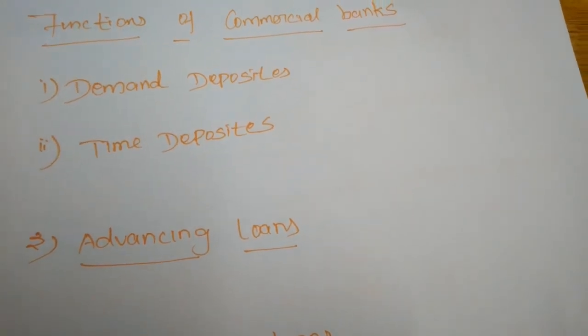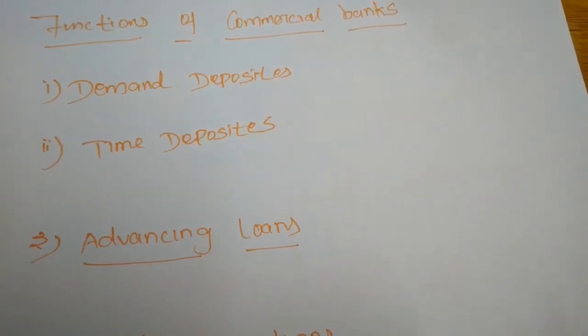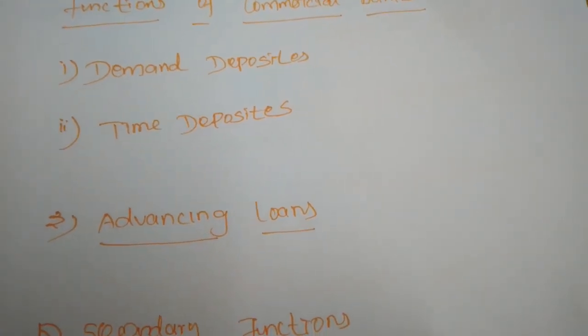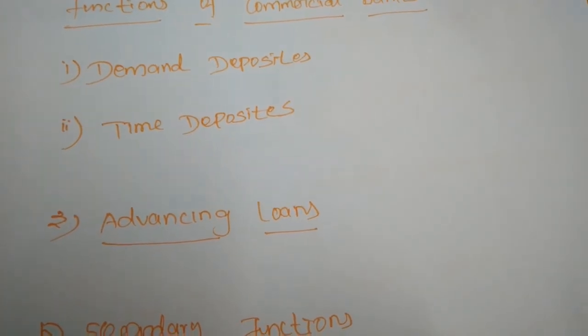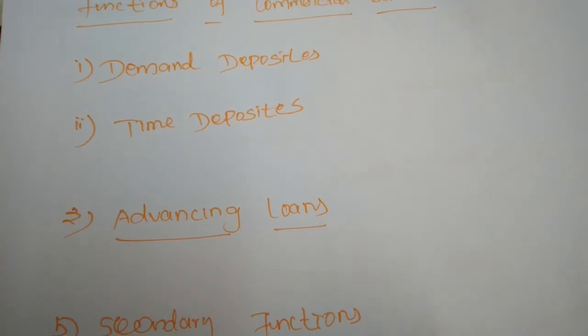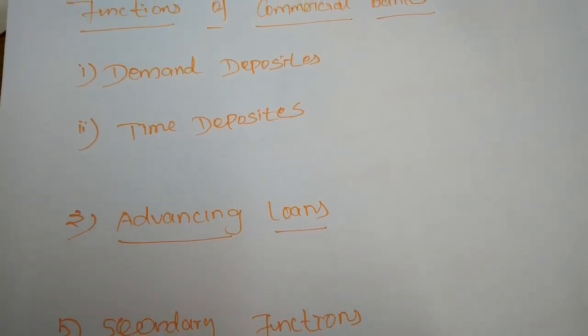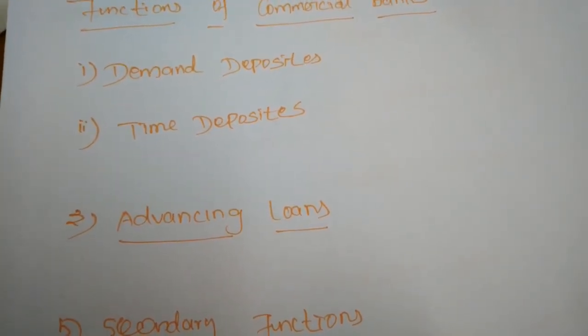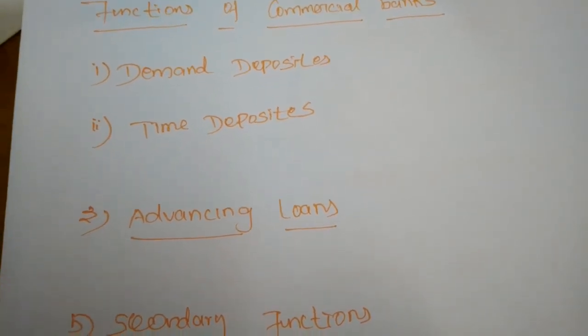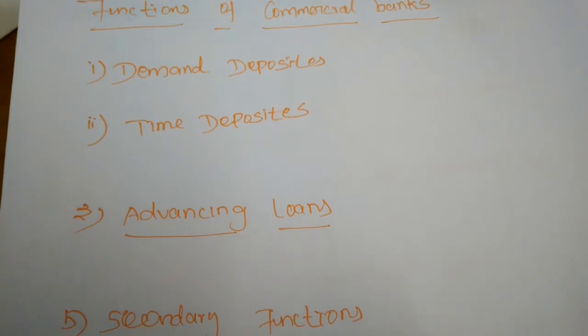So advancing loans are the most important benefit to all the entrepreneurs, and providing advancing loans will improve both the banking system and the entrepreneurs. Because of providing bank loans to the entrepreneurs, the bank will get a higher rate of interest, and because of that their income will also increase.